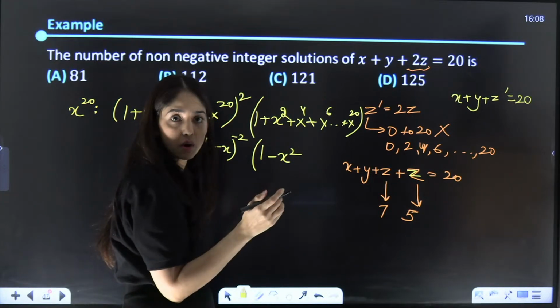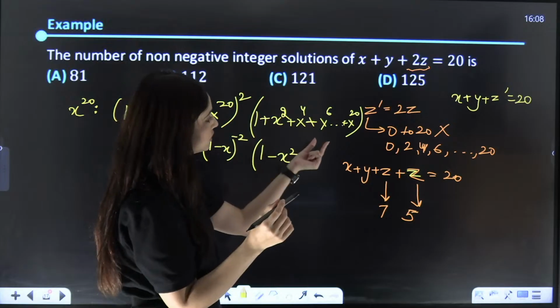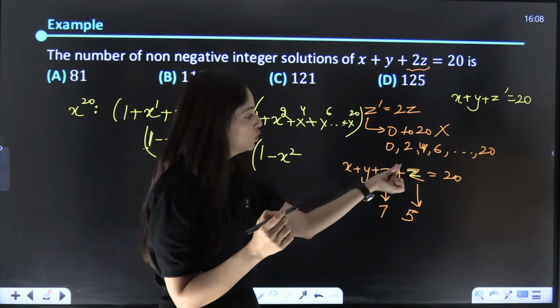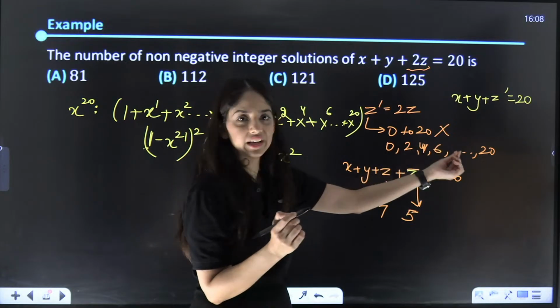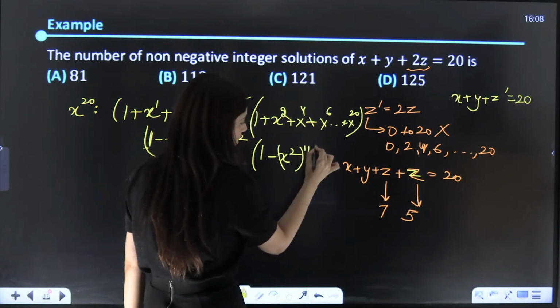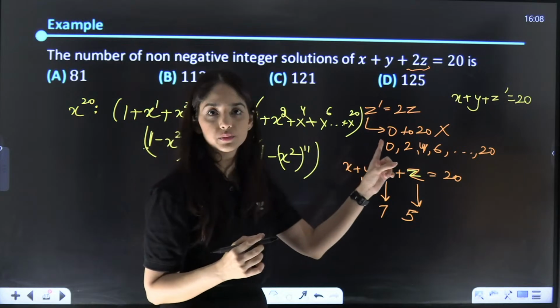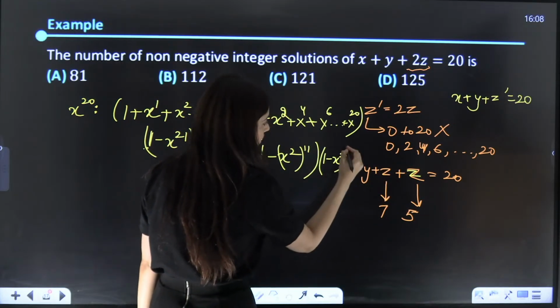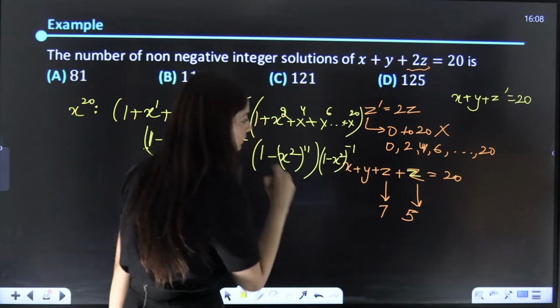X square is the common ratio. How many total terms? 0 into 2, 1 into 2, 2 into 2, 10 into 2. So 0 to 10, 11. So in total we have 11 terms here, divided by 1 minus x square raised to power minus 1.